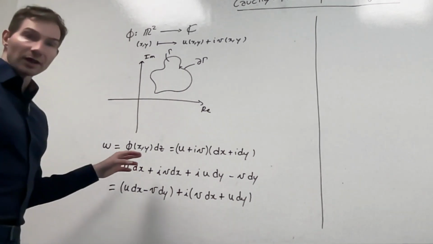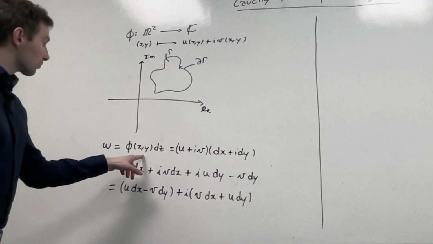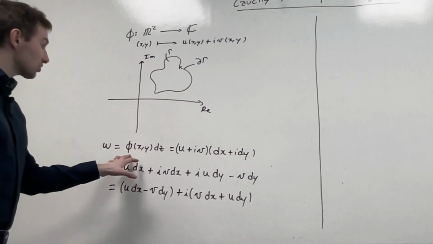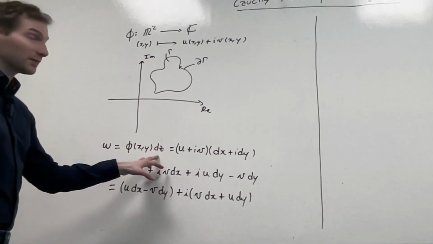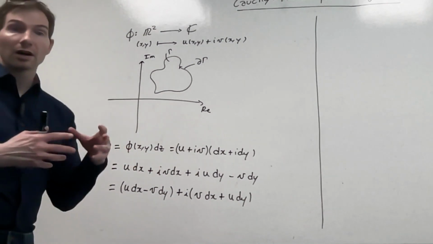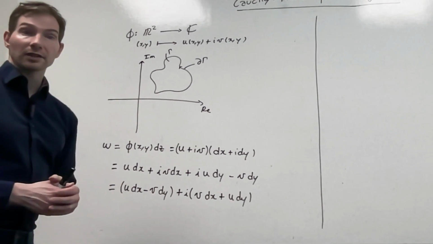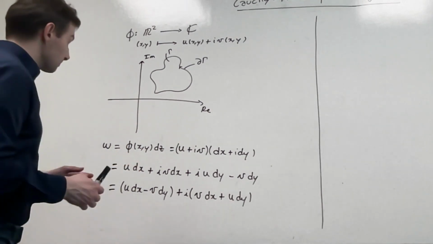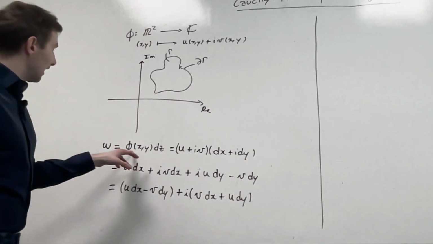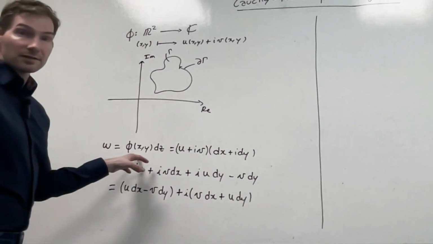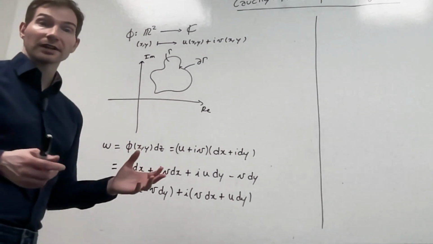And this is going to be phi(x,y) dz. So basically I'm just saying this is the product of some dz, which is the complex element in the complex plane, times phi, and that's it. So I'm not basically specifying anything.